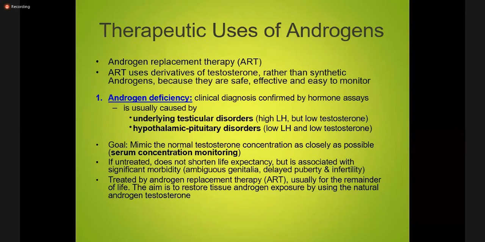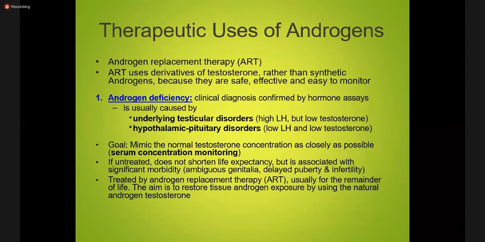What is the therapeutic use of androgen, mainly testosterone? They are given in a therapy known as androgen replacement therapy. What is this therapy? When there is androgen deficiency in the body, how do you find out? You get a clinical diagnosis from the hormonal levels. If the patient has high LH but low testosterone, this is known as an underlying testicular disorder.